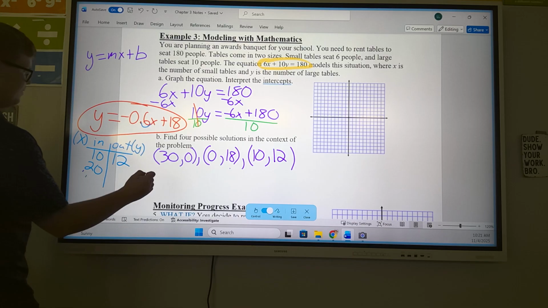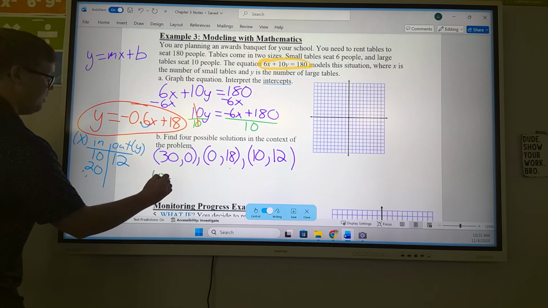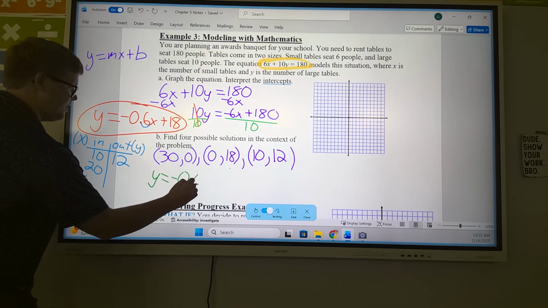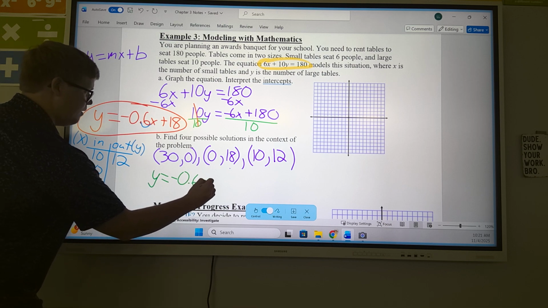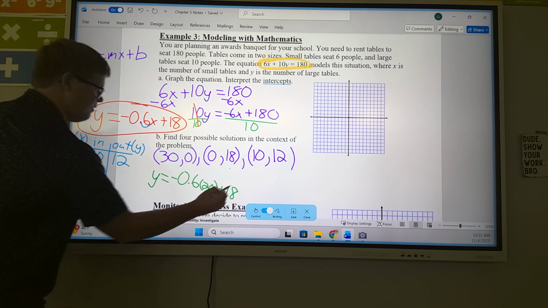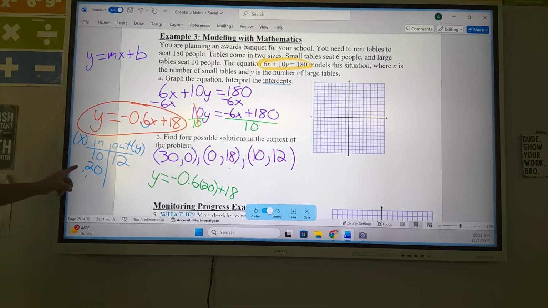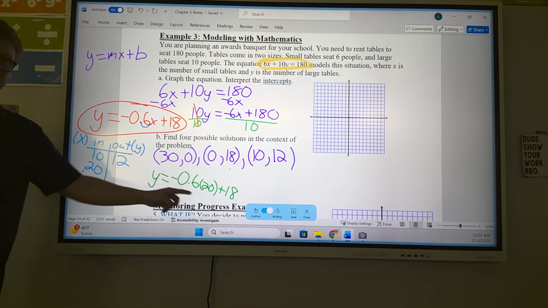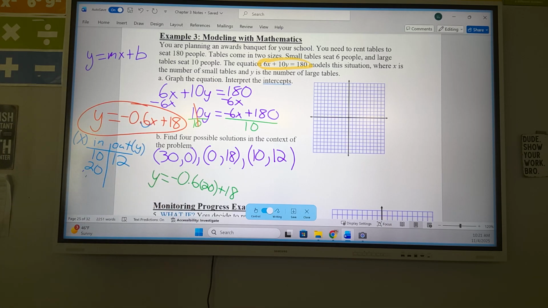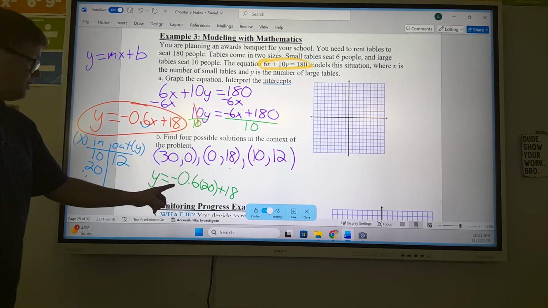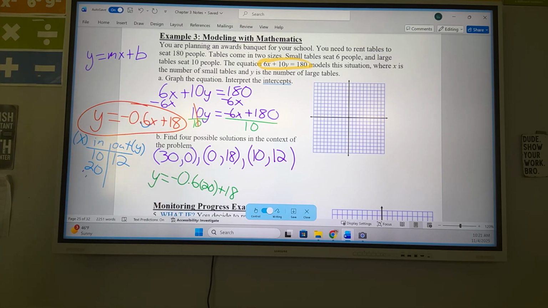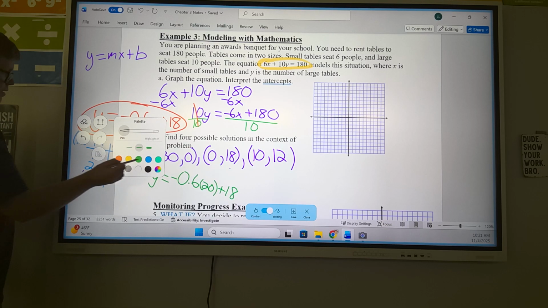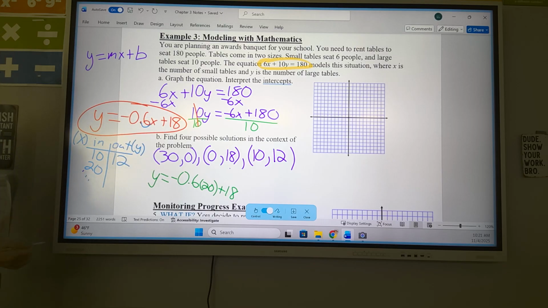So if we have y equals negative 0.6 times 20 plus 18, we are plugging 20 in for x. We can put it into our calculator, and we can find that negative 0.6 times 20 is negative 12. What is negative 12 plus 18? Negative 12 plus 18 is going to be 6.